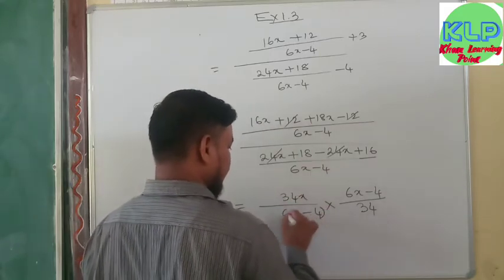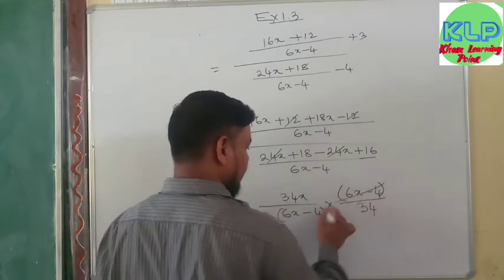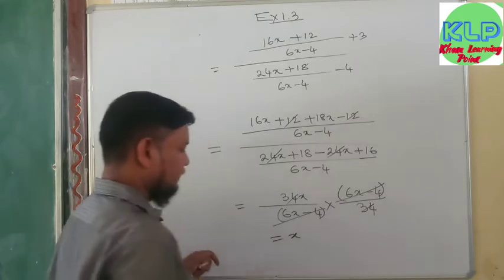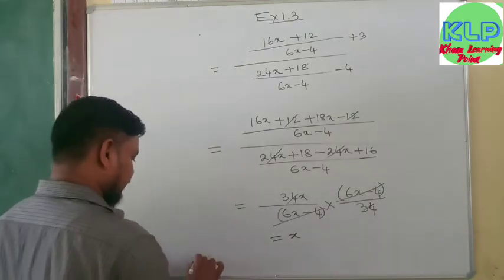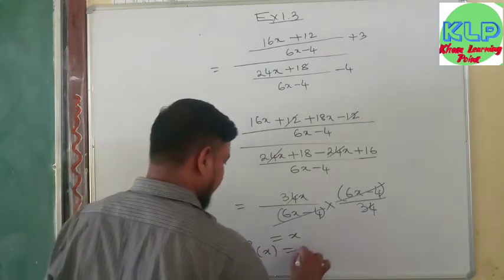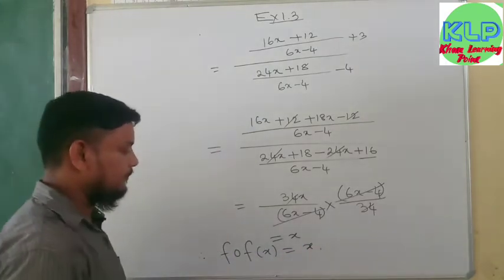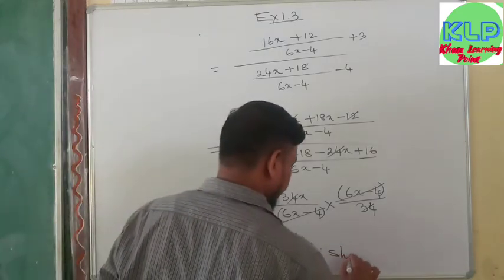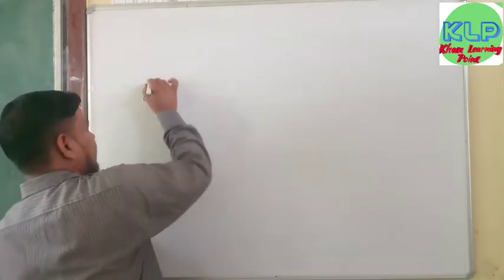Okay, this 34 and this 34 cancel, so x. Hence f of f(x) is equal to x. Okay, this is proved.